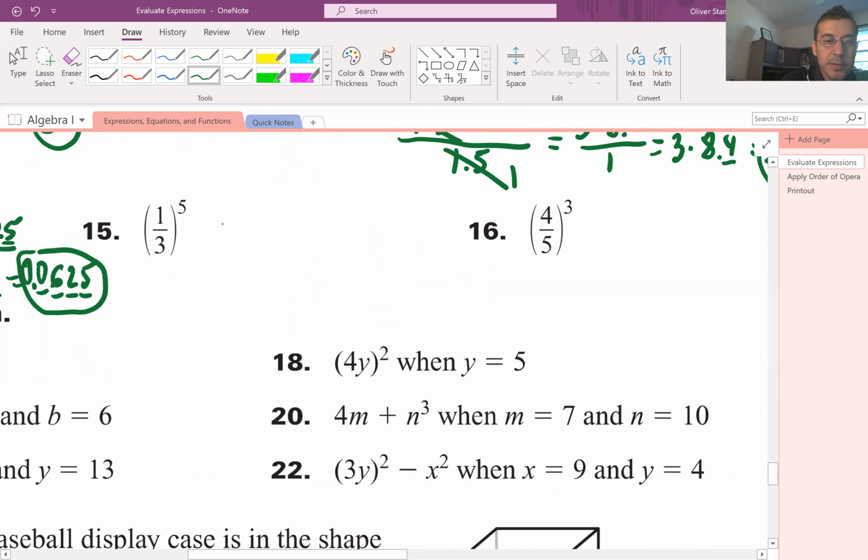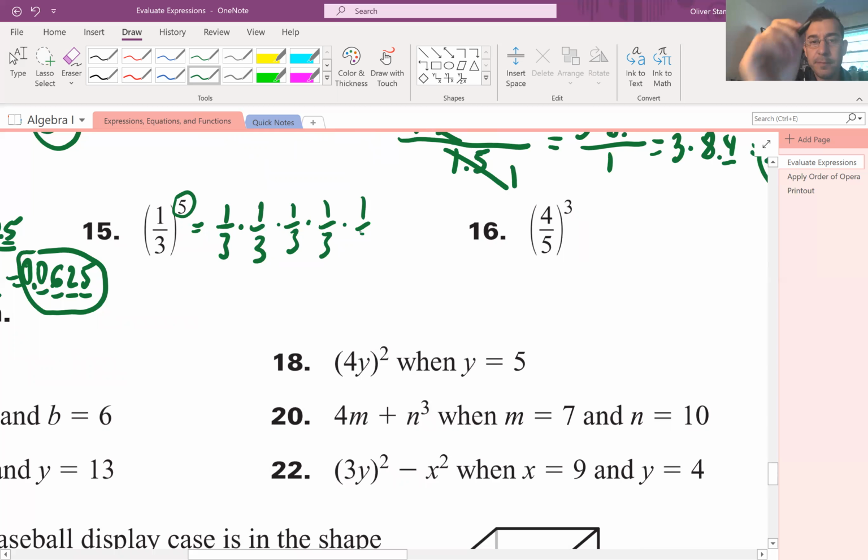Number 15. The base is 1/3. How many times? 5 times. That's what the exponent tells us. 3, 4, 5. Okay. So we have to multiply. So 1 times 1 times 1 times, so it's 1, right? And then 3 times 3 is 9. And then 9 times 9 is 81.